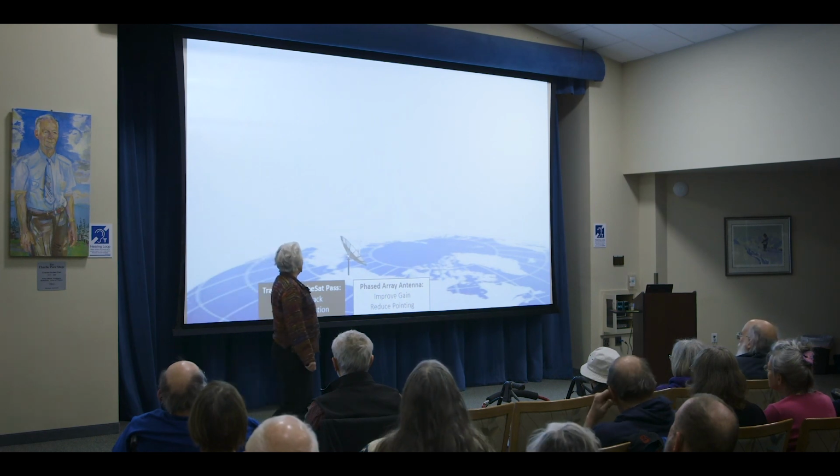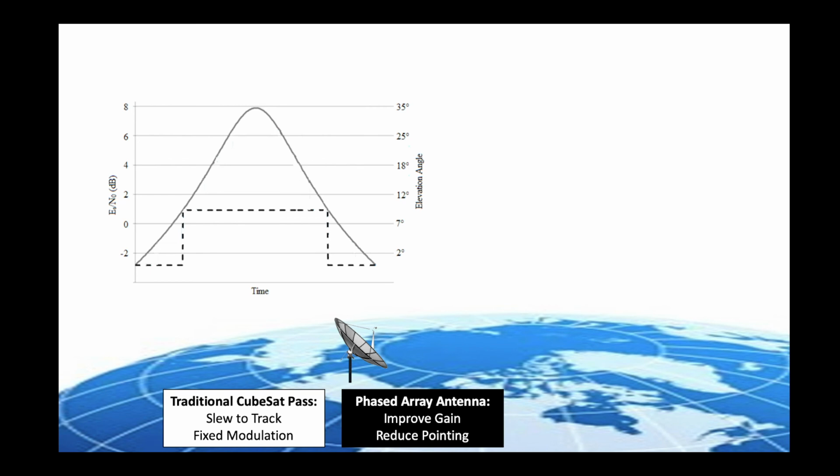The other thing we want to do is take advantage of the fact that the signal-to-noise ratio changes as the satellite moves overhead. When it's out on the horizon, it's far away, it has less signal. When it's directly overhead, it's closer, the signal is higher, and then it becomes lower again.